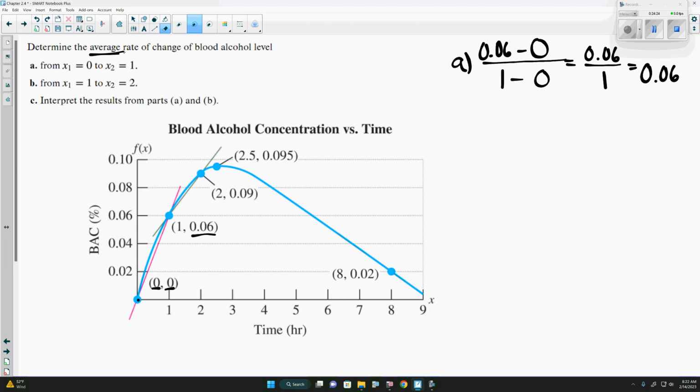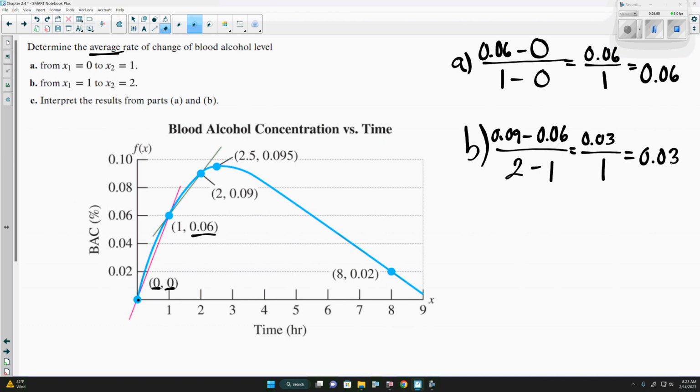We can do the same thing from 1 to 2. So we can say 2 minus 1. I'm doing 2 minus 1 because if we do that, the denominator will not be negative. The numerator, so at 2 we have 0.09, and at 1 we still have 0.06. Well, 2 minus 1 is 1. 0.09 minus 0.06 is 0.03.